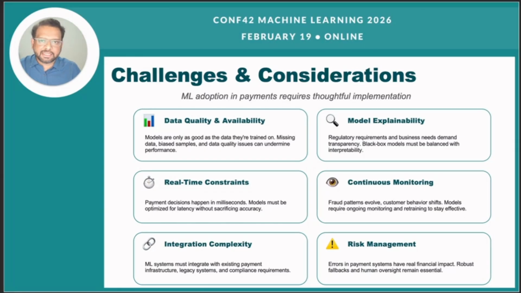So a model that performs well today might degrade in the next quarter. You need robust monitoring to detect performance degradation, automated retraining pipelines to keep the models current, and robust alerting systems to flag when human intervention is absolutely needed.